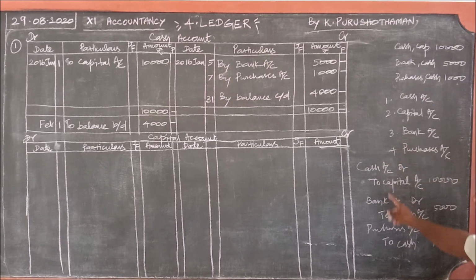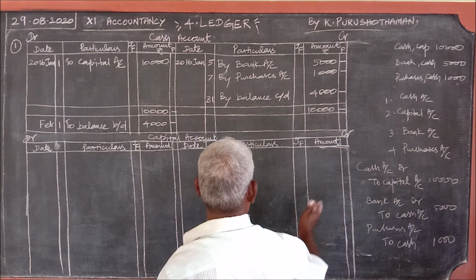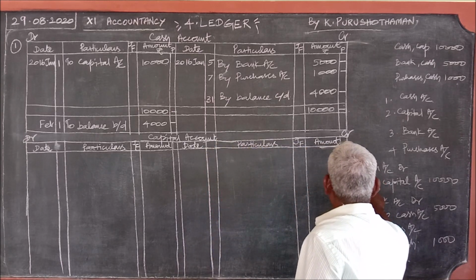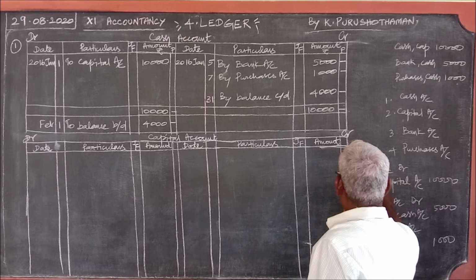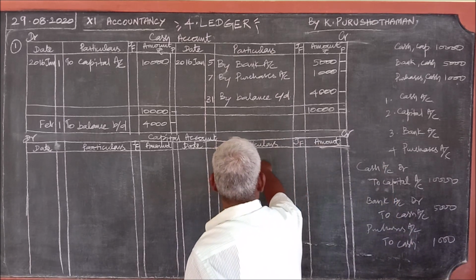See the three journal entries. Where does the capital appear? In the first journal entry only it is appearing, not in the other journal entries. And there, the capital account is appearing on the credit side. Therefore, we should make the entry only on the credit side. Why? The capital account is appearing only on the credit of the journal entry. Therefore, pass the entry on the credit side.